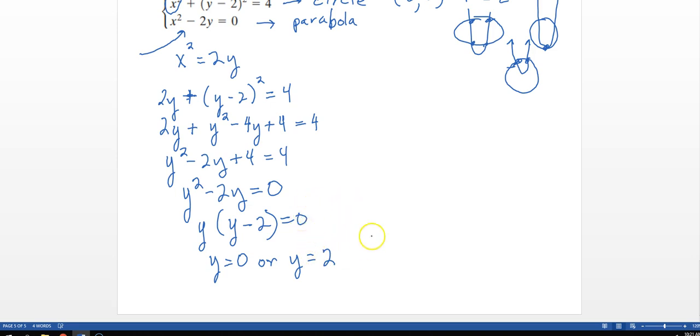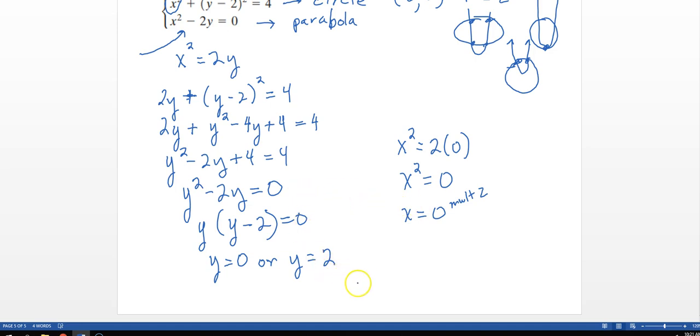And we're going to finish this up in a couple minutes. So if y is equal to 0, then x squared equals 2 times 0. So x squared is equal to 0. Therefore, x is equal to 0 with multiplicity 2.